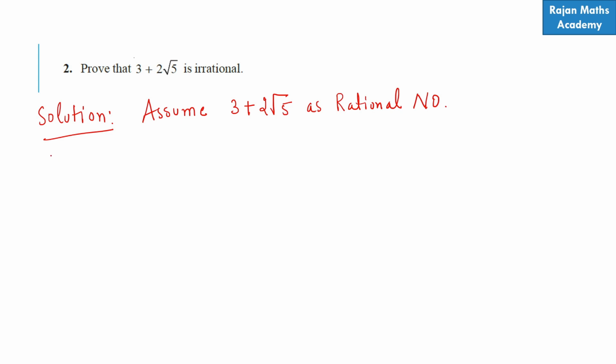So we can express 3 plus 2 root 5 as the ratio of a by b, where a and b are co-prime.